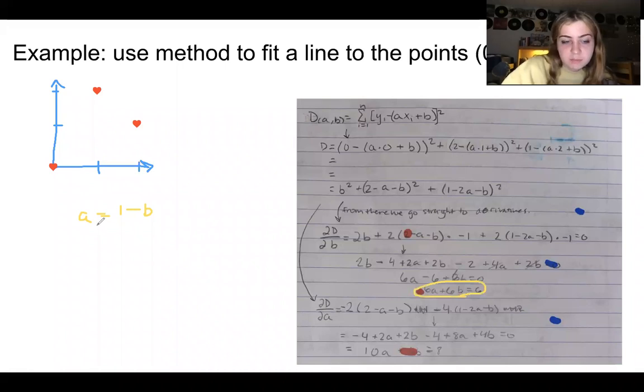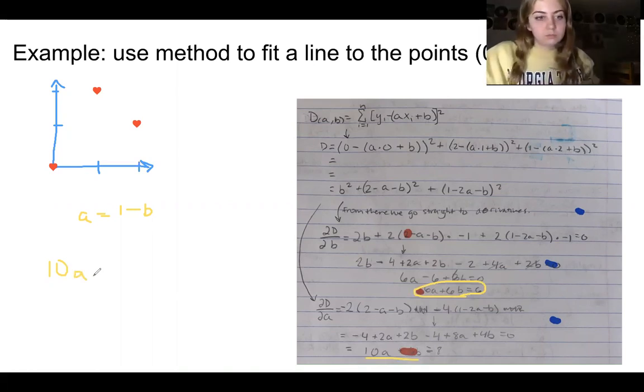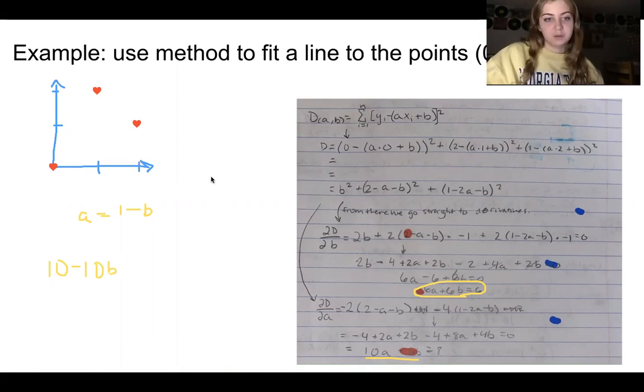We can easily shift that into a equals 1 minus b over here on the left, and then we can plug that into this guy down here to get 10 minus 10b plus 6b, which let's rewrite as negative 4b equals 8.